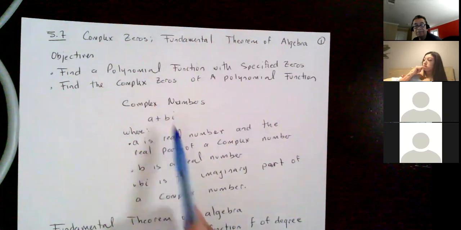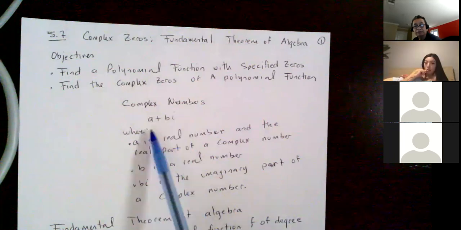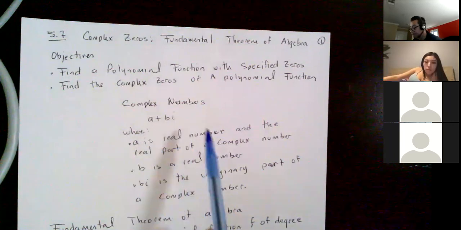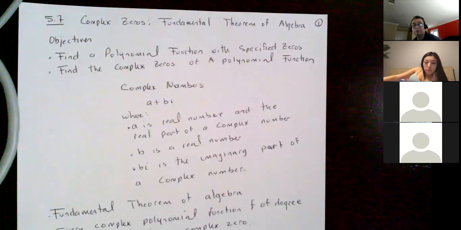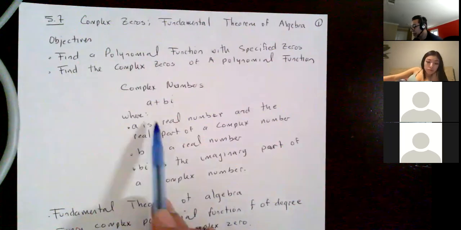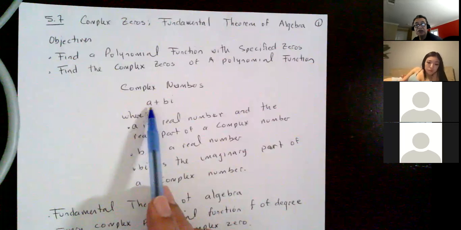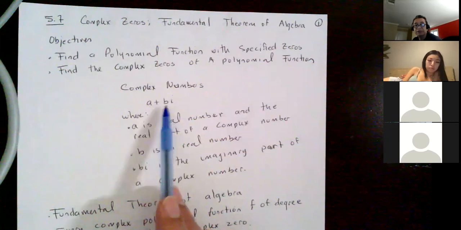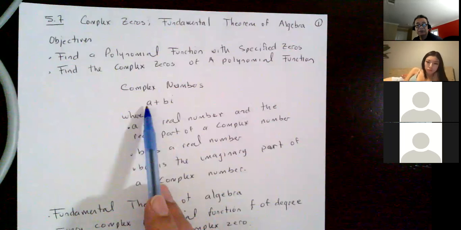By the way, all integers are complex numbers. I could have a plus 0i, and a is an integer. So all integers are complex numbers. All real numbers are complex numbers.